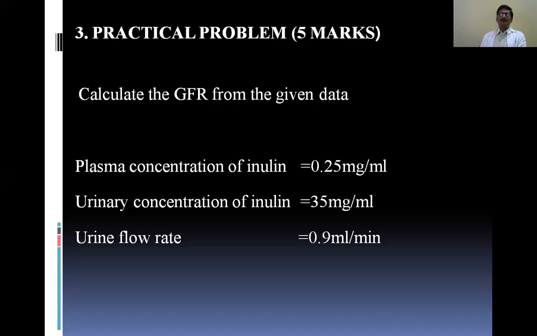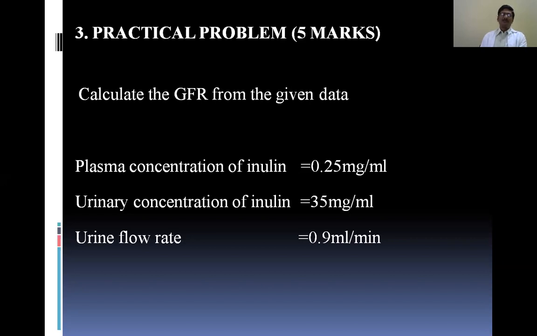Using this formula, we calculate the GFR. Other parameters like renal plasma flow are also calculated using the same formula, but there we need to use another substance which fulfills the criteria. Inulin is used purely for GFR, because it is purely filtered.